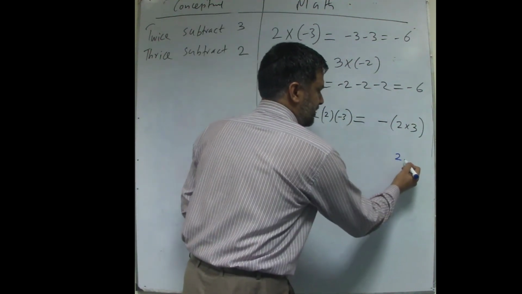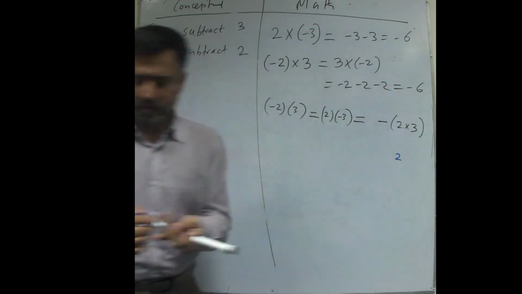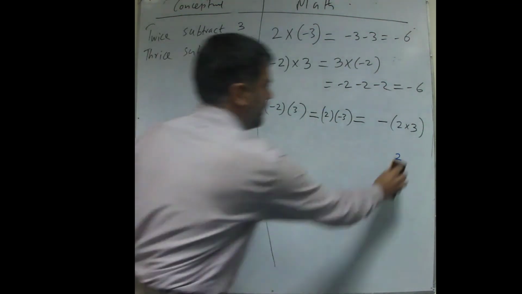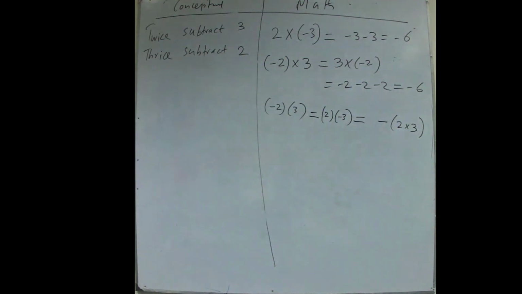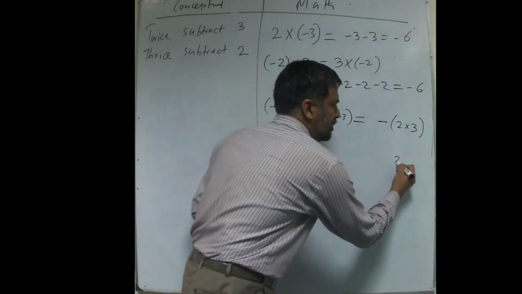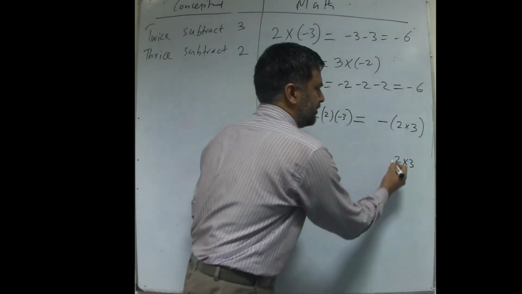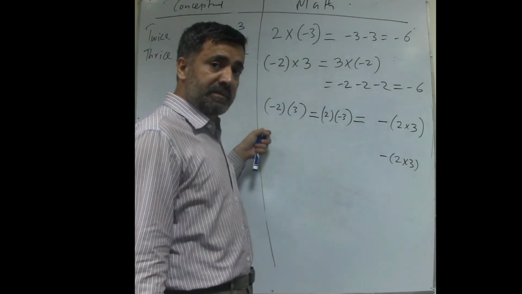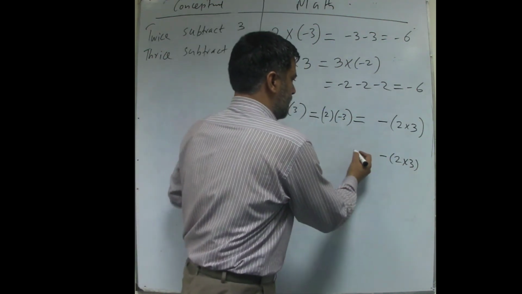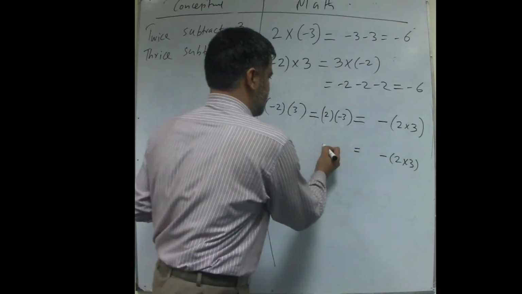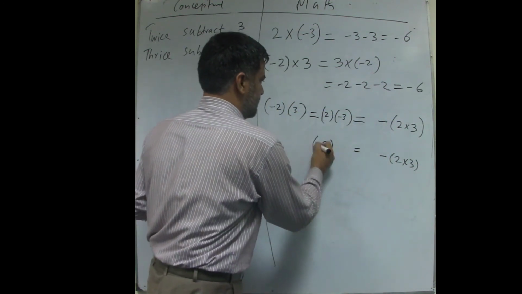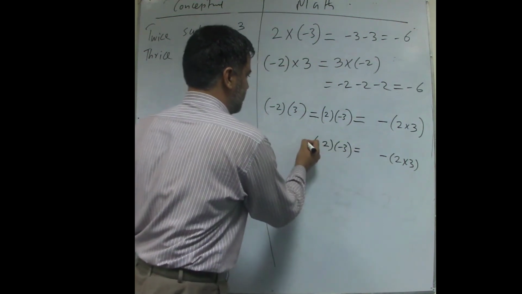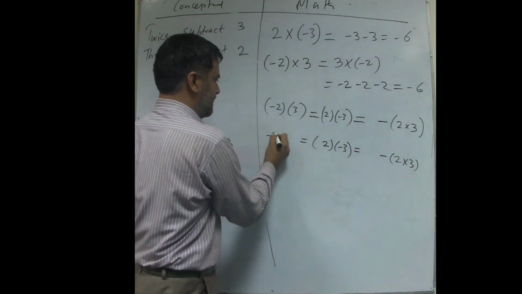I just write this down. So 2 times 3. I have the minus sign and I know this is the result. Let me actually write this down: 2 times minus 3, because I don't want to corrupt that equation.